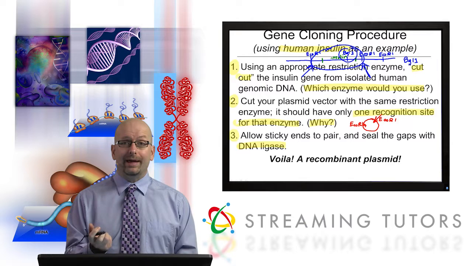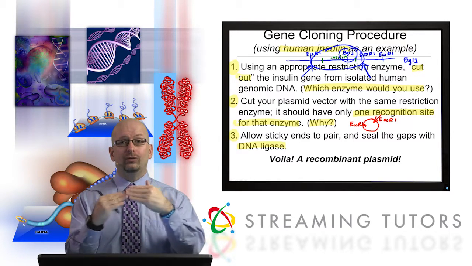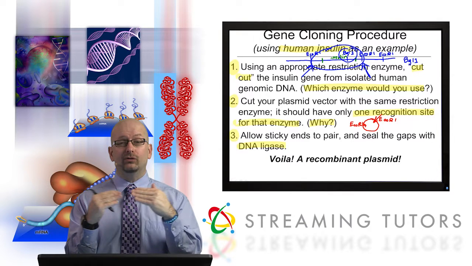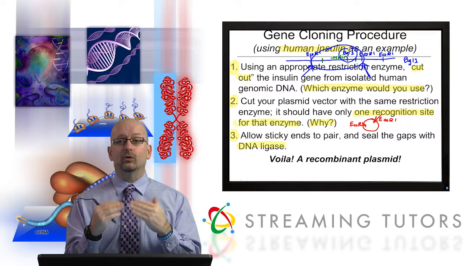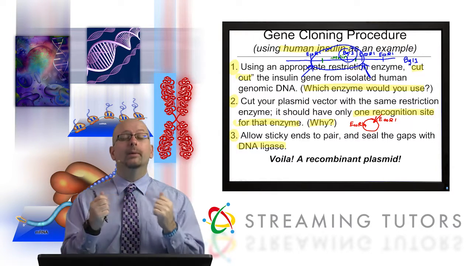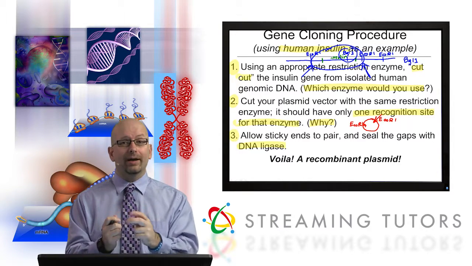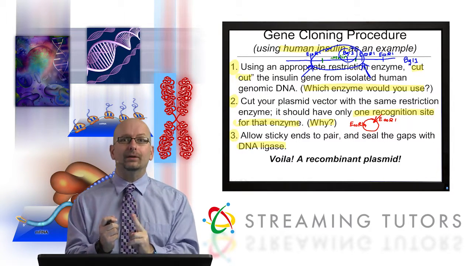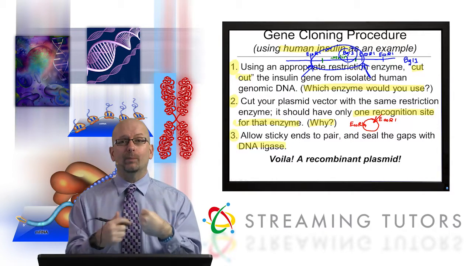You may remember that from DNA replication, ligase seals covalently pieces of DNA that are already next to each other due to hydrogen bonding. So in this case, you can have the sticky ends go together all you want, but you need to use DNA ligase as the glue, as it were. If the restriction enzymes are the molecular scissors, DNA ligase is the molecular glue that puts this all back together.